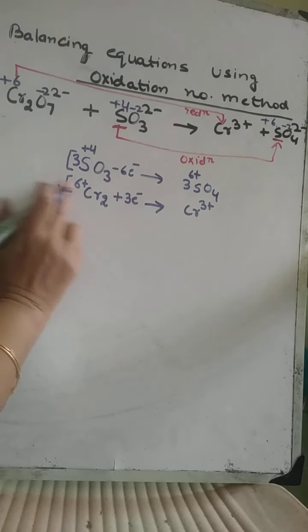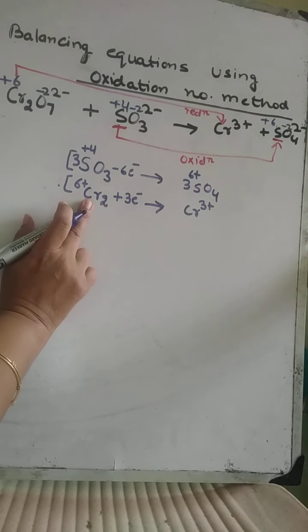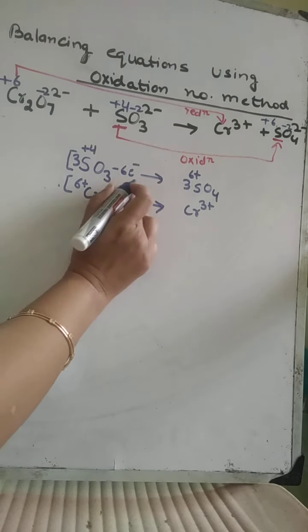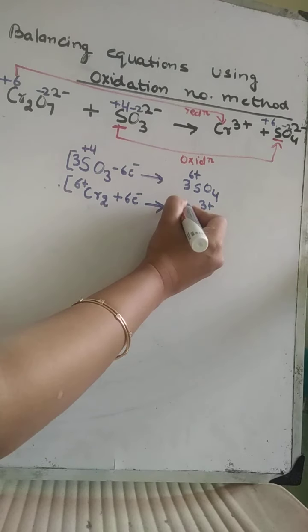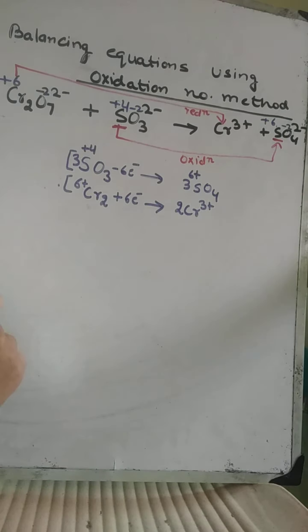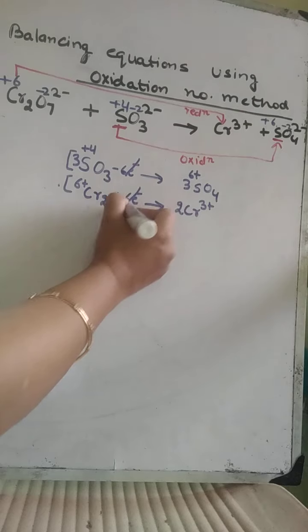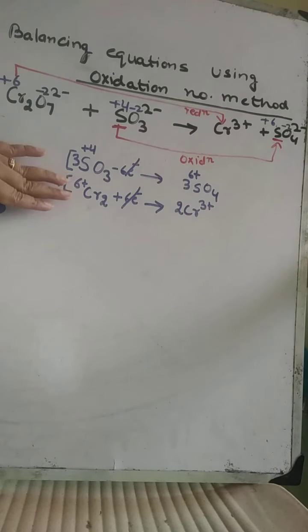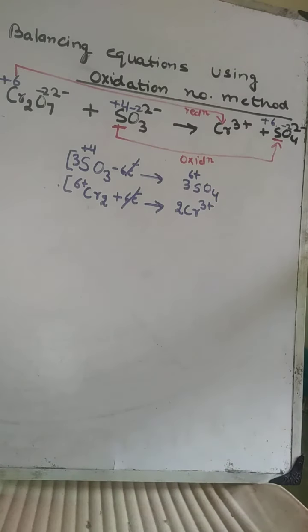Here we will not multiply on this side by 2 because it is already Cr2. So here it will become 6 electrons, and here it will become 2 Cr3 positive. And now 6 and 6 will get cut. This thing you have done in your rough work.